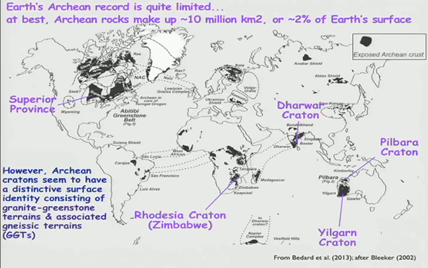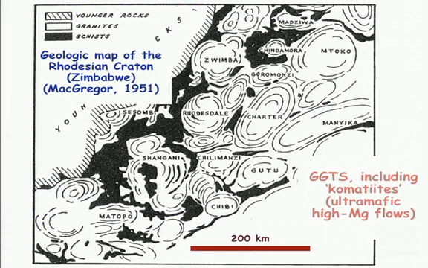Specifically, they're the granite-greenstone terrains and their associated gneissic terrains. If we look back in the 1950s, mapping from the Rodinia craton, we could see just the characteristics of these granite-greenstone terrains. Within white, the domical granites, broadly meaning more felsic rocks.